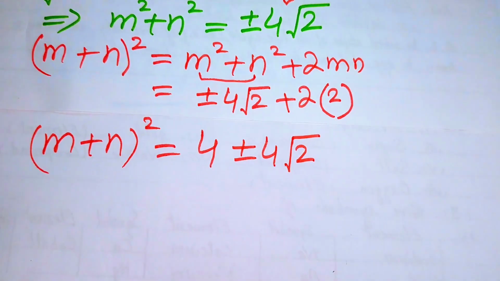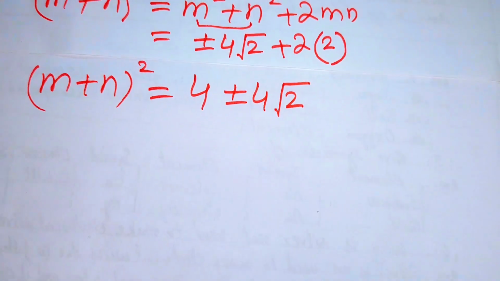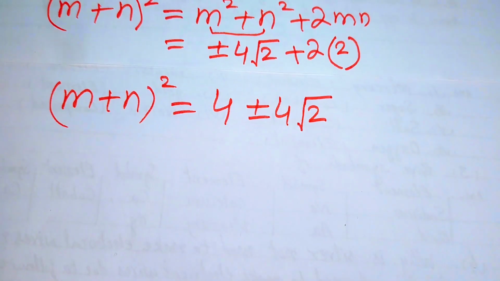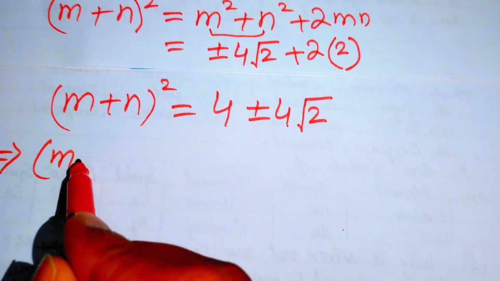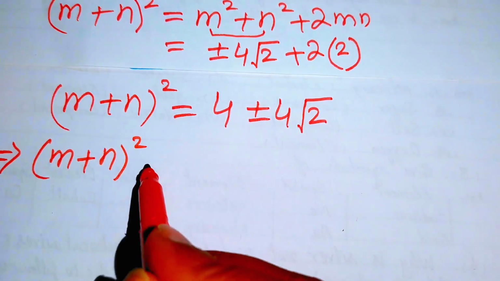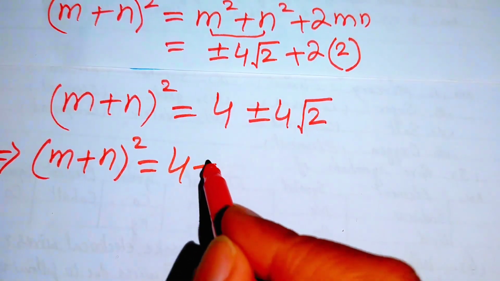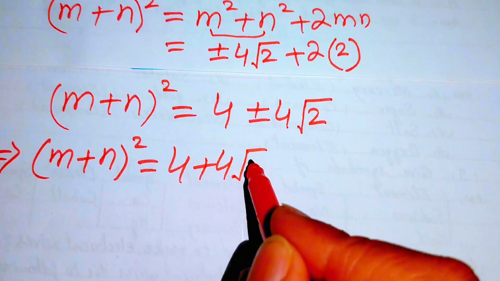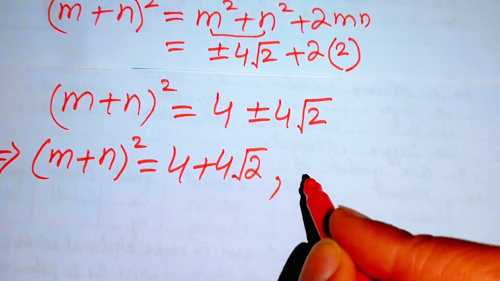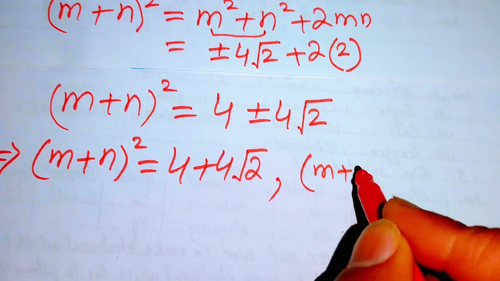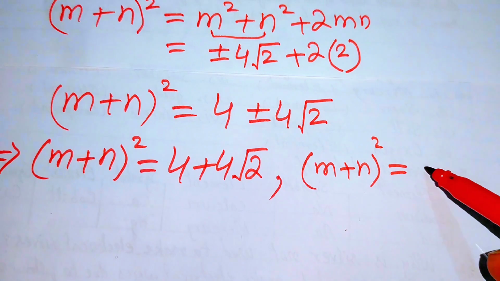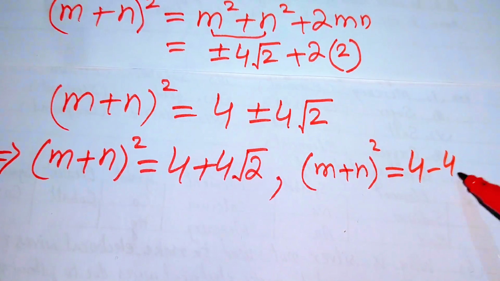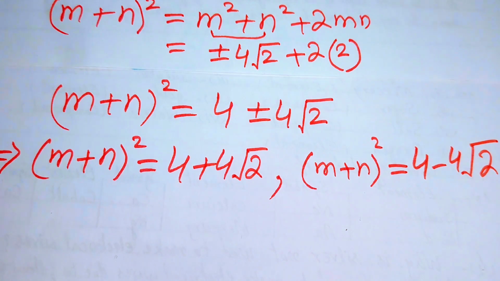So here we need to separate this plus minus sign, and this equation implies that m plus n whole square equals 4 plus 4 times square root of 2, and its second part is m plus n whole square equals 4 minus 4 times square root of 2.